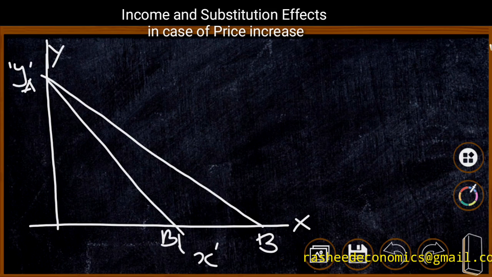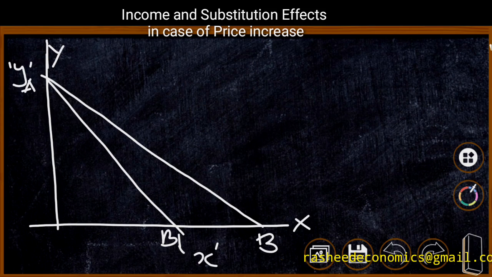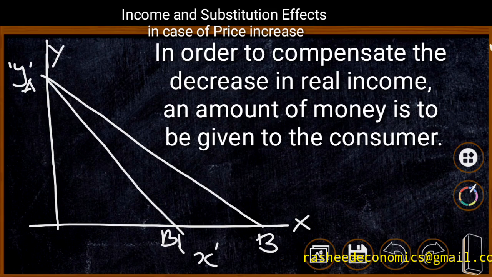In the case of price decrease, we have taken away some amount of money from the consumer to eliminate the increase in real income. But here the product price has been increased, and in order to compensate the decrease in real income as a result of increase in price of the product, we need to give some amount of money to the consumer.